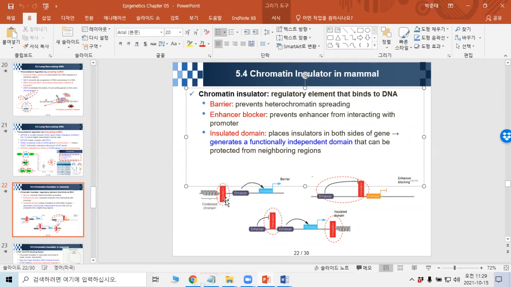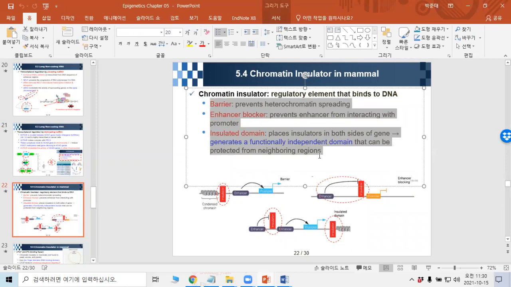If there is a chromatin insulator in the vector, it can prevent heterochromatin spreading and this kind of function.